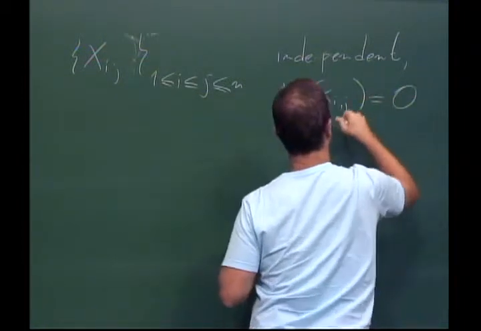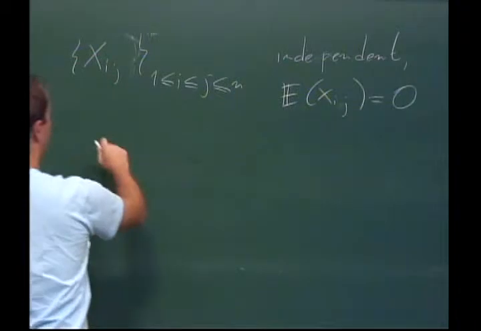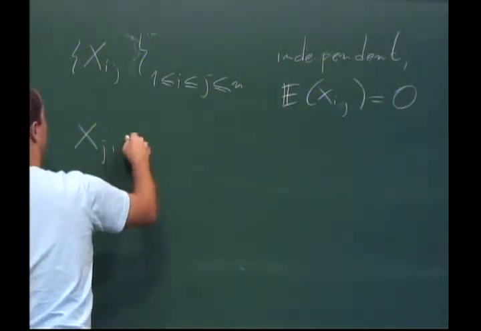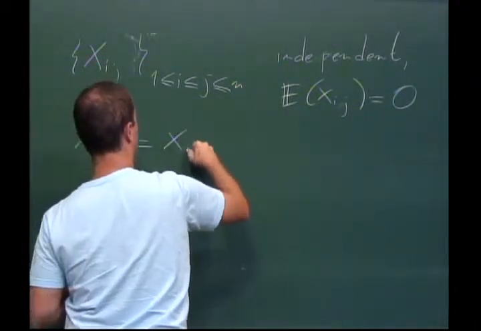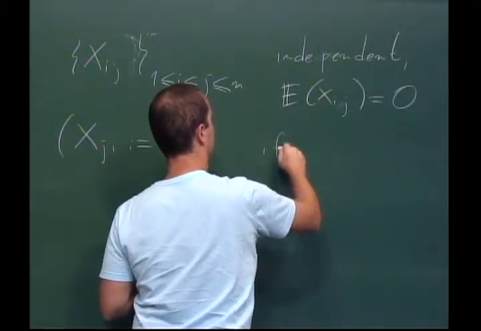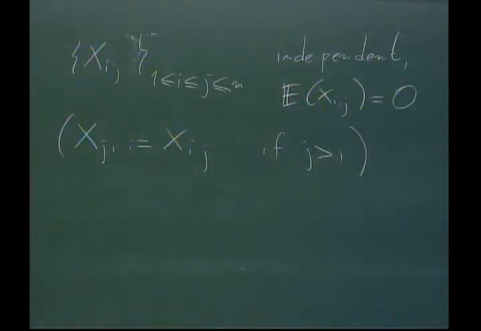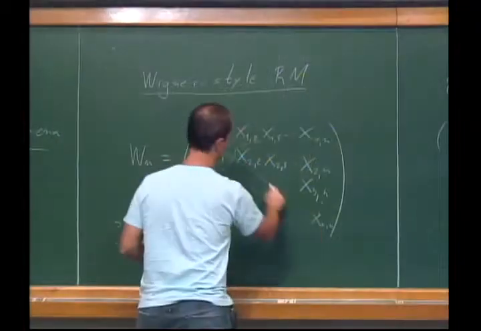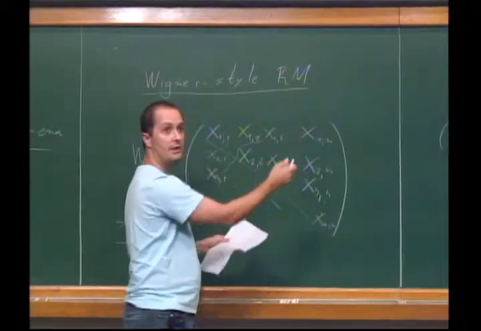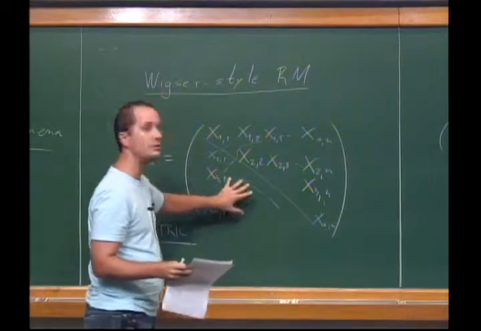And then I just define x_ji to be equal to x_ij if j is larger than i. So this is what ensures that I have a symmetric matrix. So what I'm saying essentially is that if you look at the diagonal and everything to the right of it, then these entries here are independent, and then I do whatever I need to do to get this to be a symmetric matrix, right?